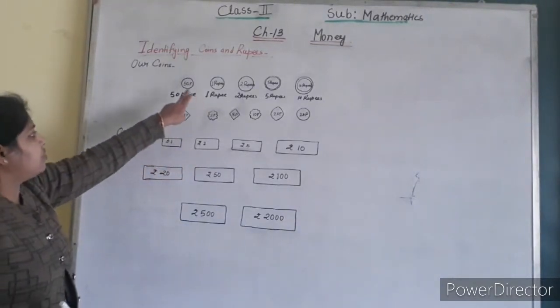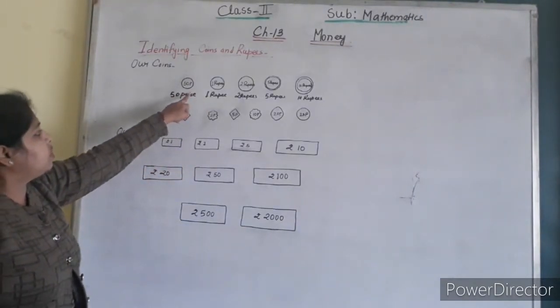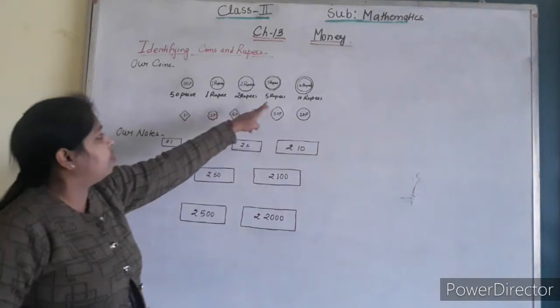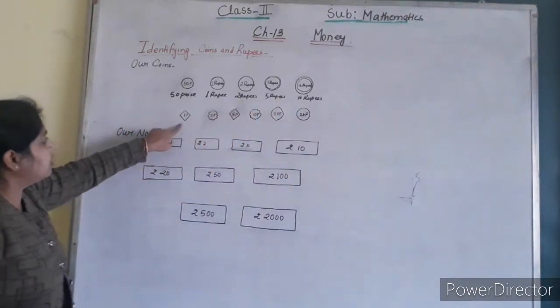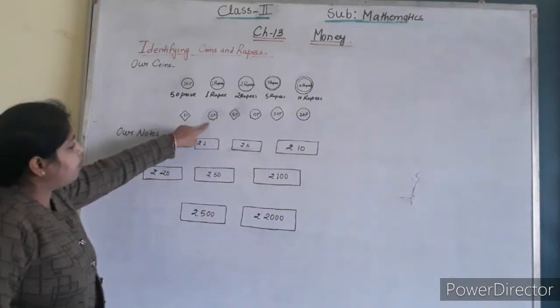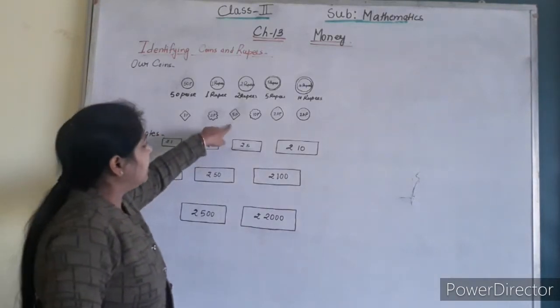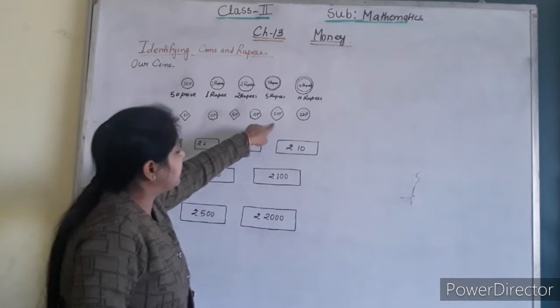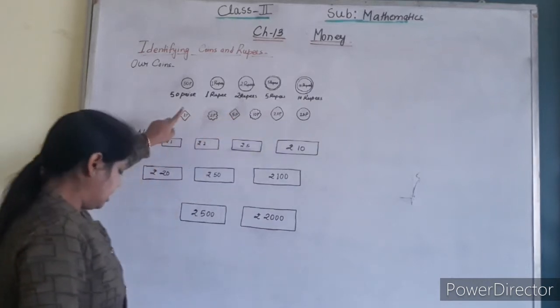I think all of you have seen these coins. This is 50 paise, 1 rupee, 2 rupee, 5 rupee, and 10 rupee. And this one is 1 paise. This one is 2 paise, 5 paise, 10 paise, 20 paise, 25 paise.